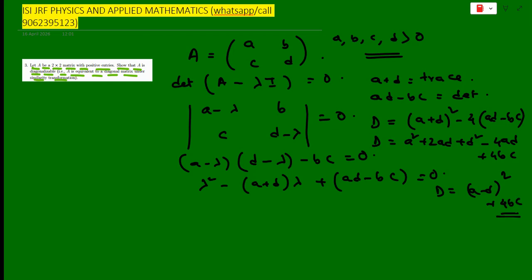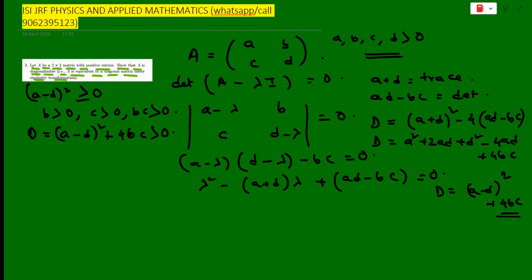Now look carefully. (A minus D) whole square is definitely greater than or equal to 0, and B is greater than 0, C is greater than 0, thus BC is greater than 0. So D, (A minus D) whole square plus 4BC, is greater than 0. So the discriminant is strictly positive, so the eigenvalues are real and distinct.